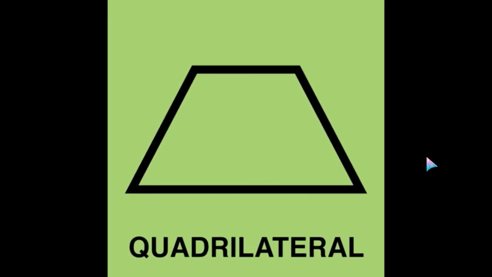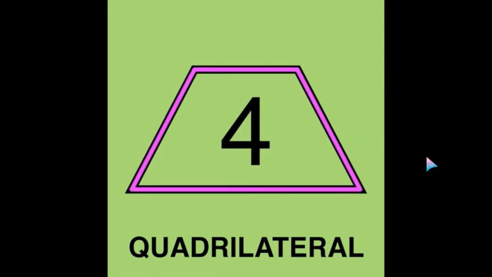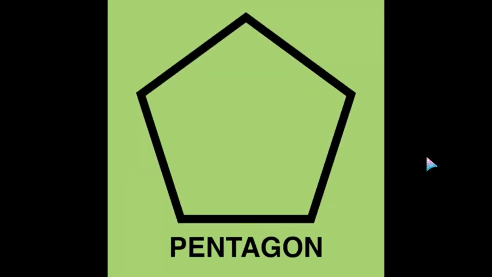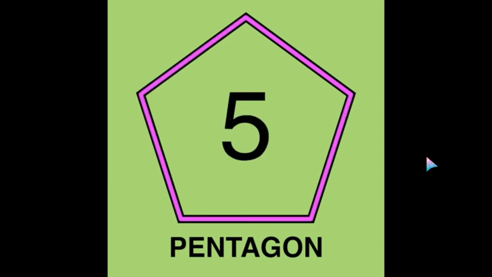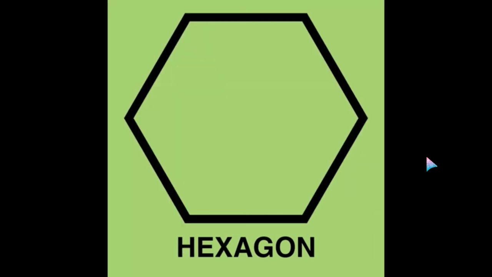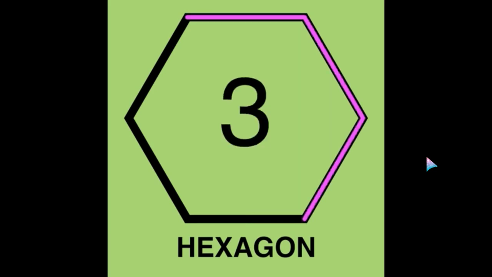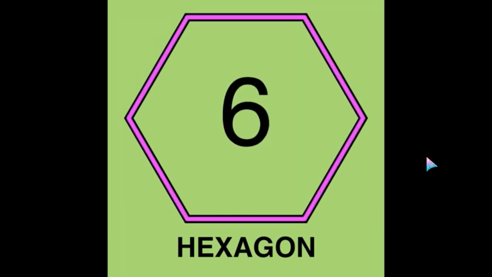Draw a quadrilateral up in the air. 1, 2, 3, 4. Draw a pentagon up in the air. 1, 2, 3, 4, 5. Draw a hexagon up in the air. 1, 2, 3, 4, 5, 6.